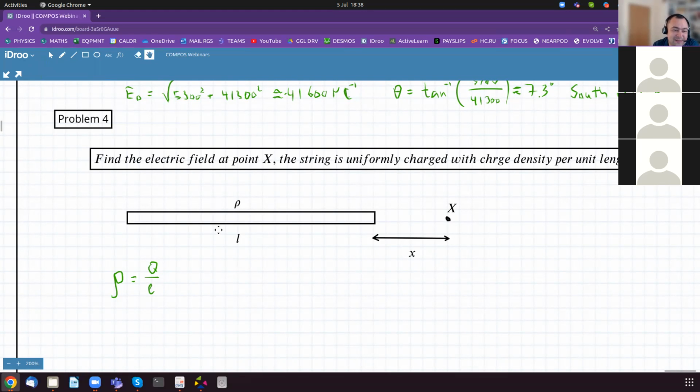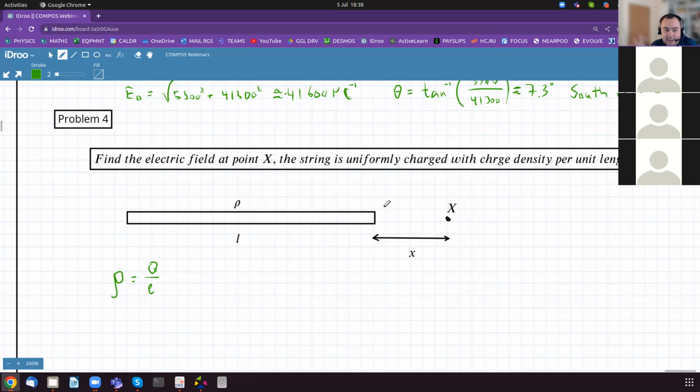Right. Anyways, you have a charged string. Now, the question does not specify whether it's positively or negatively charged, but the only difference that makes is the direction of the field. And once again, they're not asking us for the direction of the field because there's an obvious answer. If it's positive, the field is going to be to the right. And if it's negative, the field is going to be to the left.